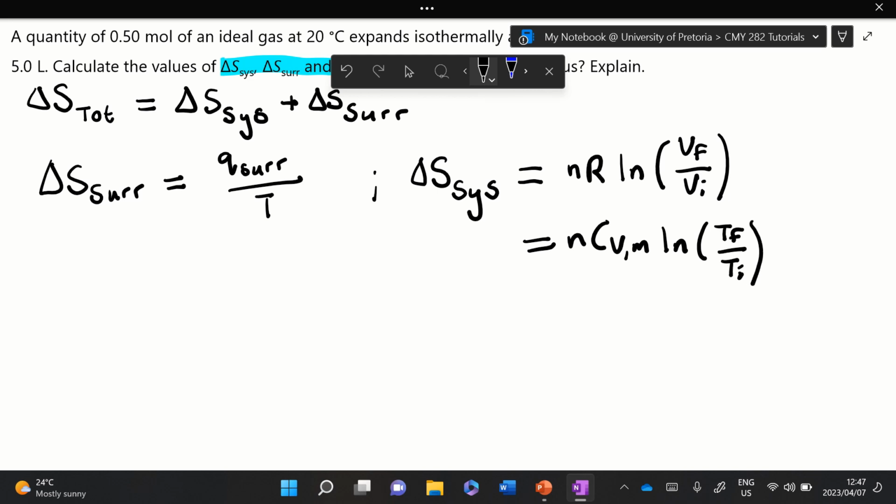It's either one of those two, but we can immediately eliminate this one. Why? Because it's an isothermal expansion process. There's no change in the temperature, so that's irrelevant, and also it's an expansion process, so we can't use the constant volume heat capacity.